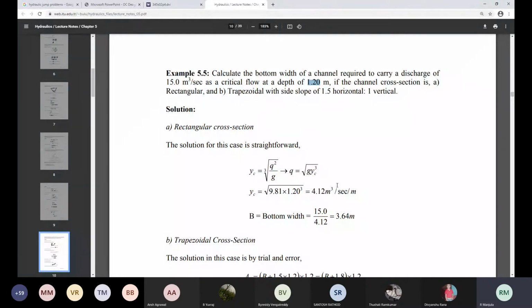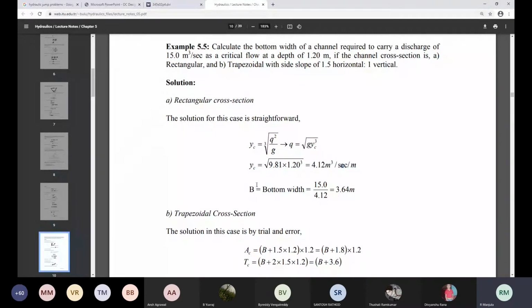Capital Q is meter cube per second, whereas small q is discharge per unit width. Here what I wrote was actually wrong. This should be q, not yc. So q is equal to square root of 9.81 into 1.2 whole cube, and we will get 4.12 meter cube per second per meter.